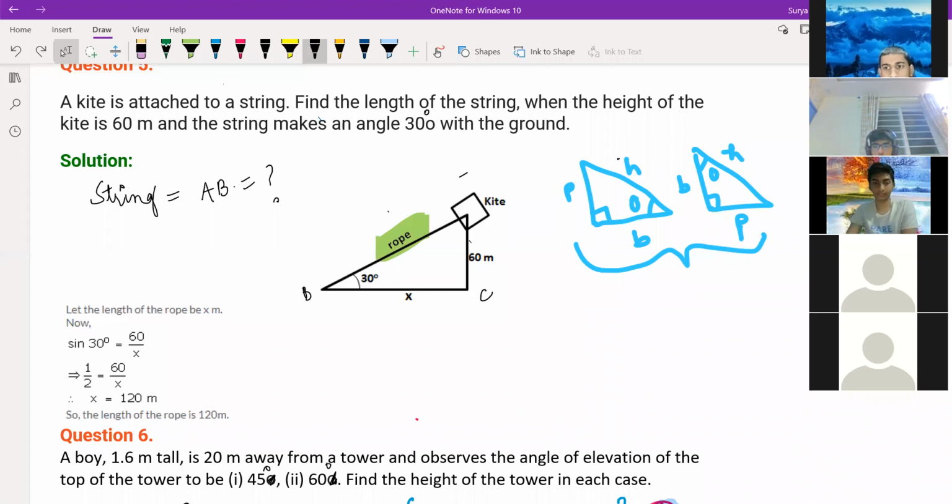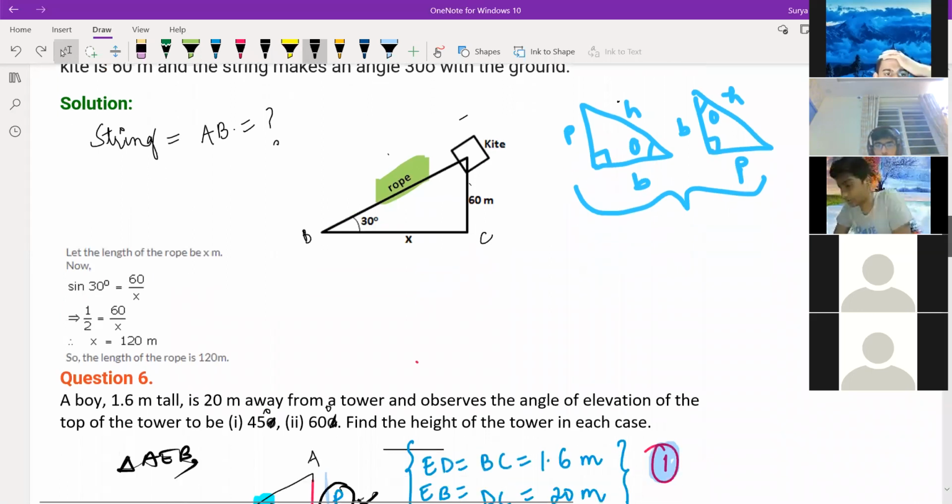First you try in both the cases. First of all, see the diagram, whether we are getting the same.